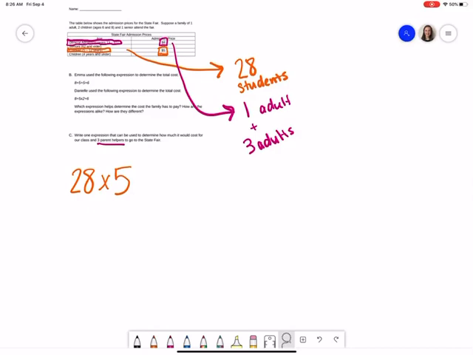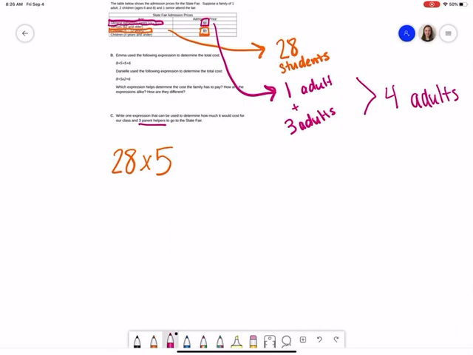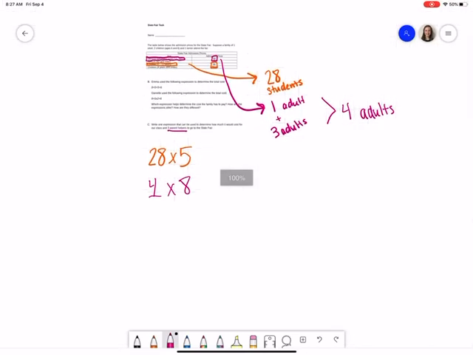And now we have a total of how many adults? Well, let's do this first. 1 adult plus 3 adults equals 4 adults. Okay. So we have a total of 4 adults going. We have 28 times 5. Now we need what times the $8 ticket? Hopefully you said 4. Okay. So, I'm about to do these problems.